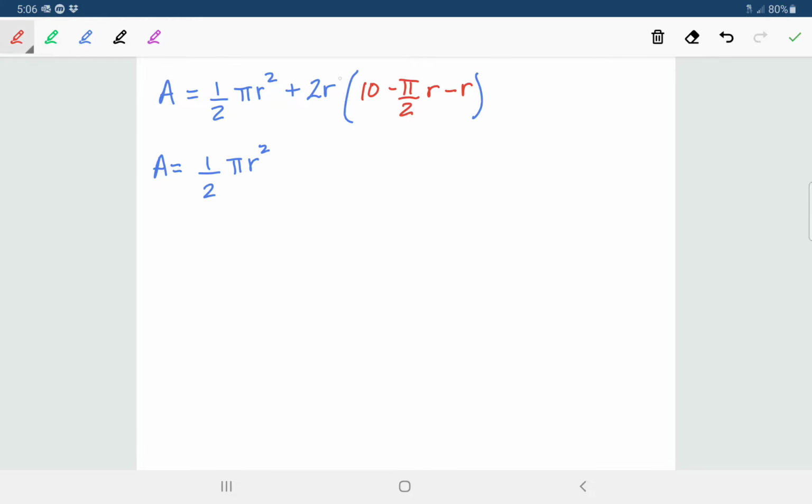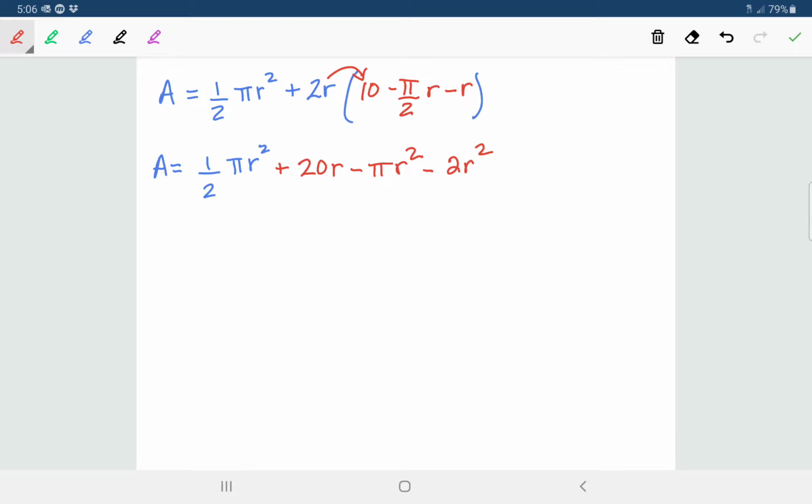Then I'm going to distribute all the way through, so we get 20r minus pi r squared minus 2r squared.